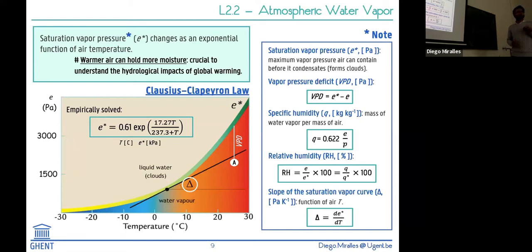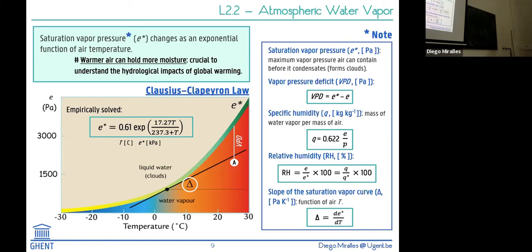If you think of, for instance, warming up a certain air with a certain content of water, you're getting it relatively dry. So the relative humidity goes down, because you move further from saturation. Does it make sense? You have the same amount of moisture, but you're getting it relatively dry. Relative humidity is going down. Your specific humidity is the same, kilograms per kilogram, but your E star or your Q star are higher.